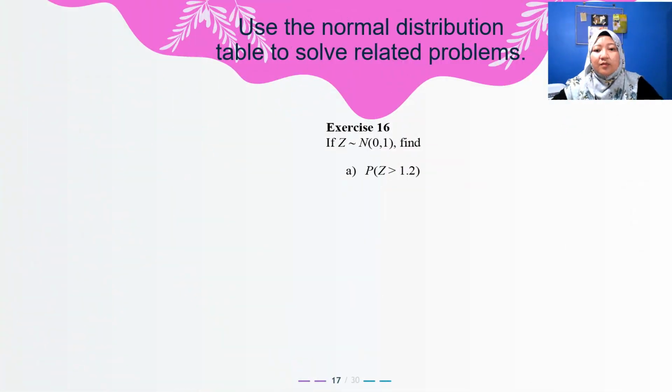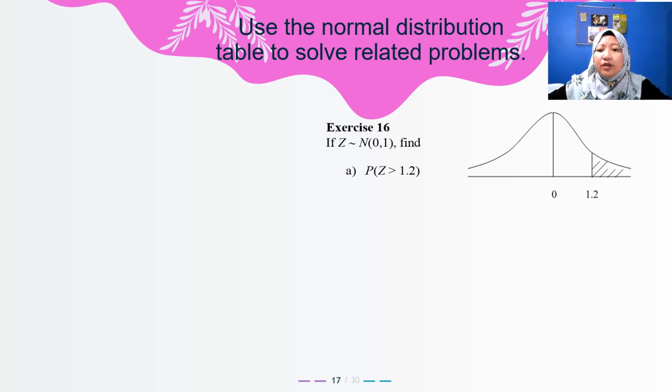Okay, next example, exercise 16. If Z is distributed normal with mean 0, standard deviation is 1, find probability Z greater than 1.2. Okay, shade the region 1.2, here 1.2, greater than. So, greater than is di atas 1.2 lah.